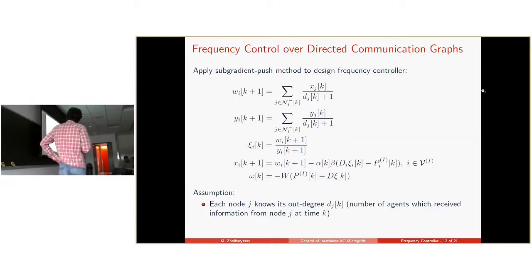One assumption that I haven't mentioned is that each node J needs to know its out degree. Out degree here is the number of agents which have received information from node J. This quantity is time varying, right? But in practice, DJK can be set to the total number of neighbors of agent J. And it converges with high probability.